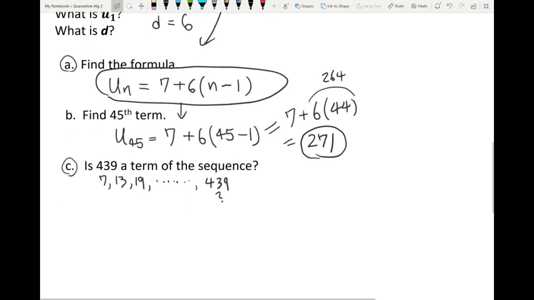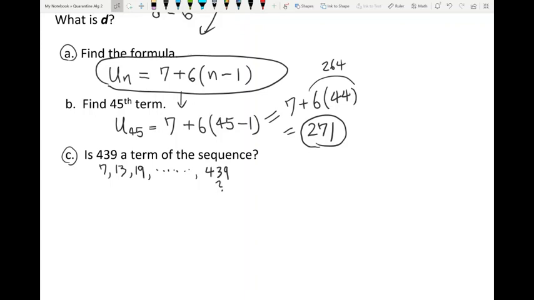Now, to answer this question, we're just going to use the formula that we figured out from part A. The formula says it's 7 plus 6 times n minus 1. Instead of filling in n, because we don't know what term it is for 439, we're just going to leave n in the formula.